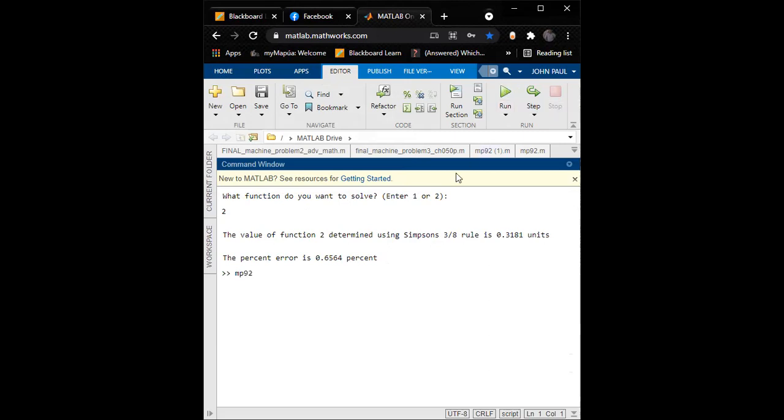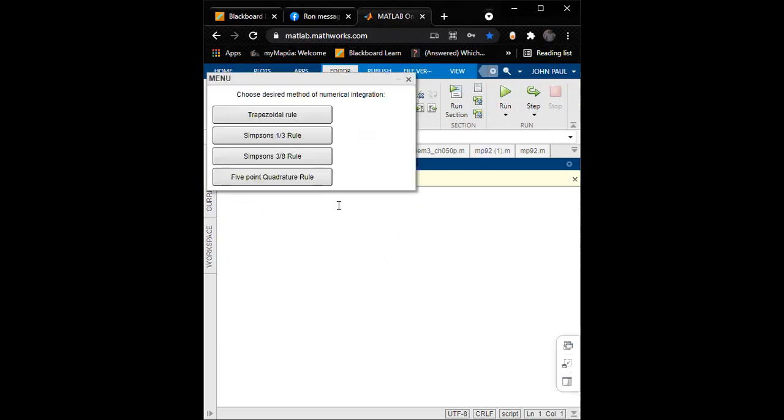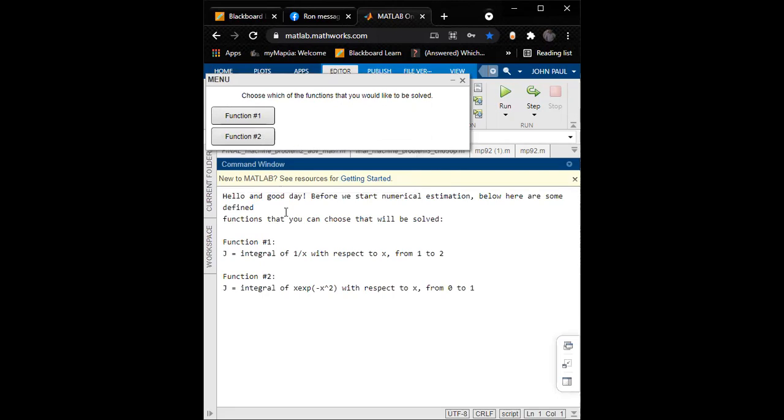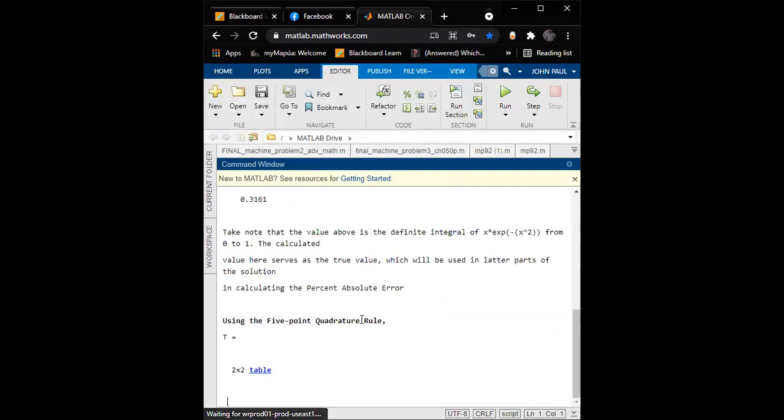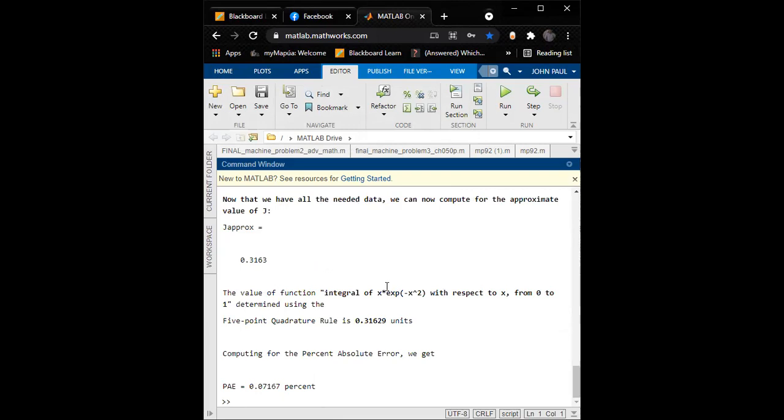Proceeding to the last rule, the 5-point quadrature rule, we click the 5-point quadrature rule and function 2. The value of the integral of x e to the negative x squared with respect to x from 0 to 1 determined using the 5-point quadrature rule is 0.31629 units.